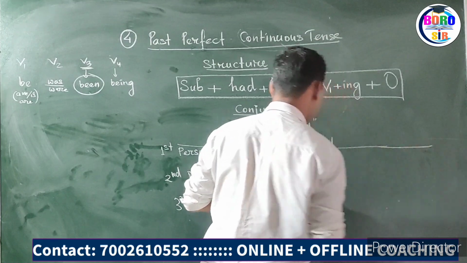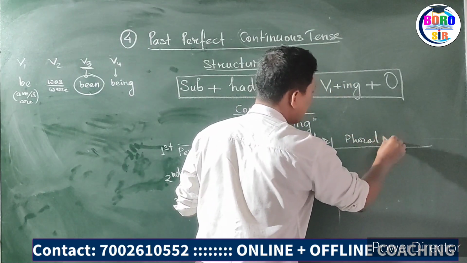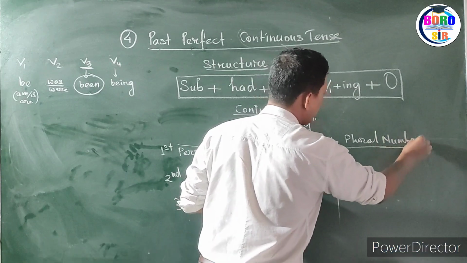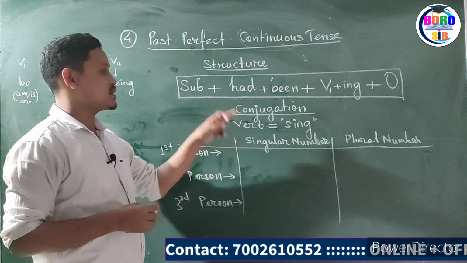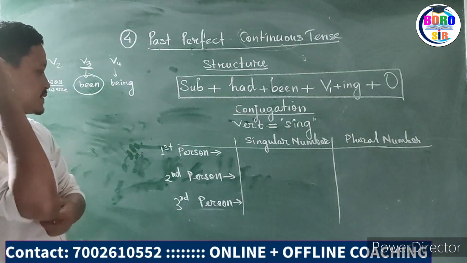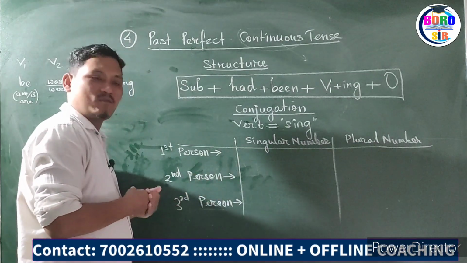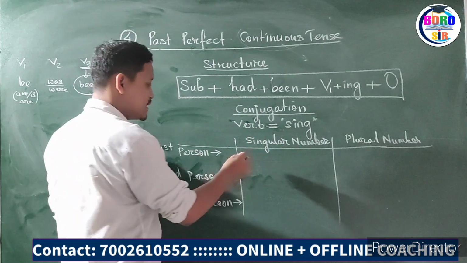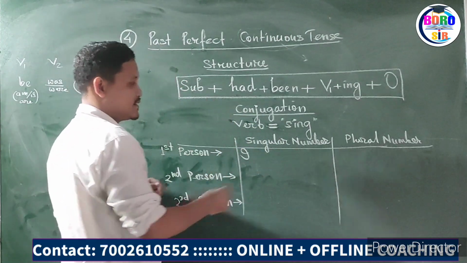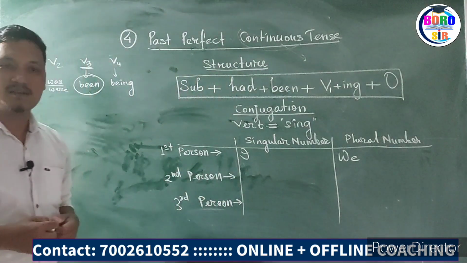And what is the next number? It is plural number. So I have written singular number, plural number. Now I will be writing the subject here. What is the allotted subject here in singular number? It is I. And here in plural number, we.